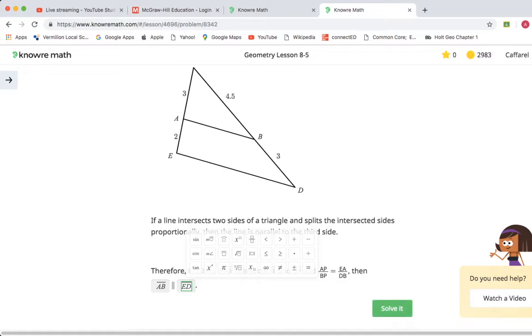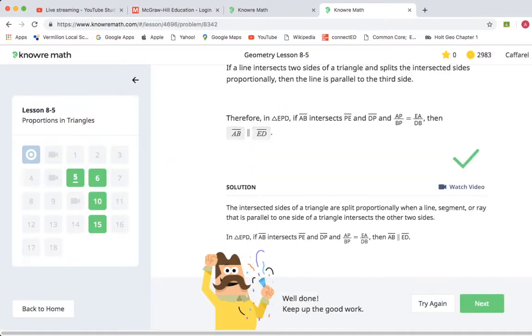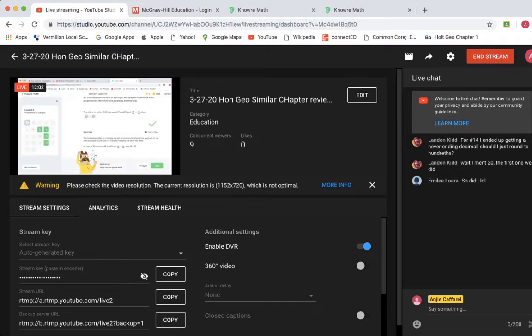The minute you put those segments in, you're going to find that you end up with the right answer, where before we were writing them down, it said exactly the same thing, and we couldn't figure out why we weren't getting them correct. So it was because we weren't doing that. And it says for number 14, I ended up getting a never ending, should I round to the hundredths? Wait, I meant 20, the first one we did.